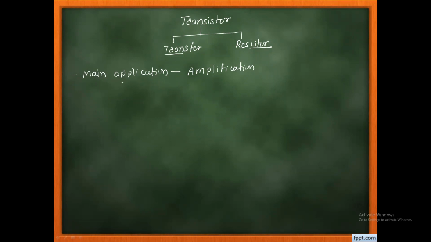So the main application of the transistor is amplification. And what is required to do that amplification? Do you know what is meant by amplification? Let me clarify. Suppose one class has 100 students.